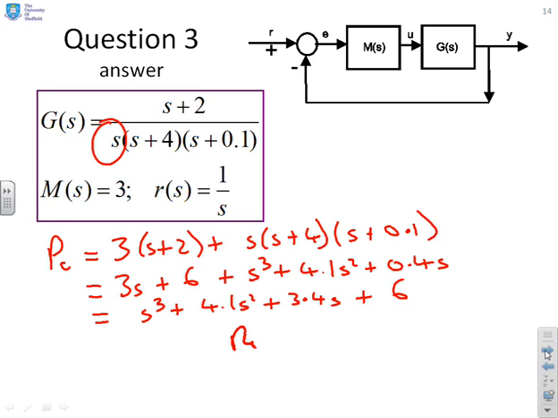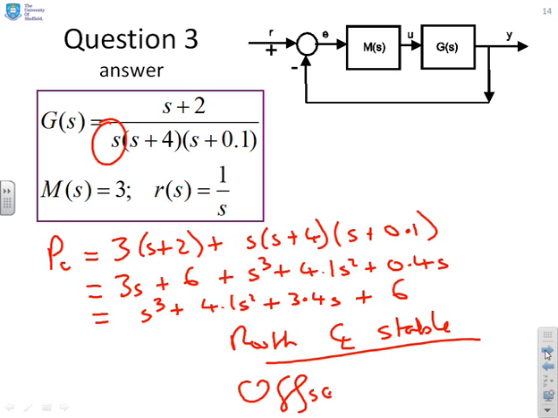And again I can use Routh to show closed loop stable. And therefore the offset equals 0, because we have an integrator.